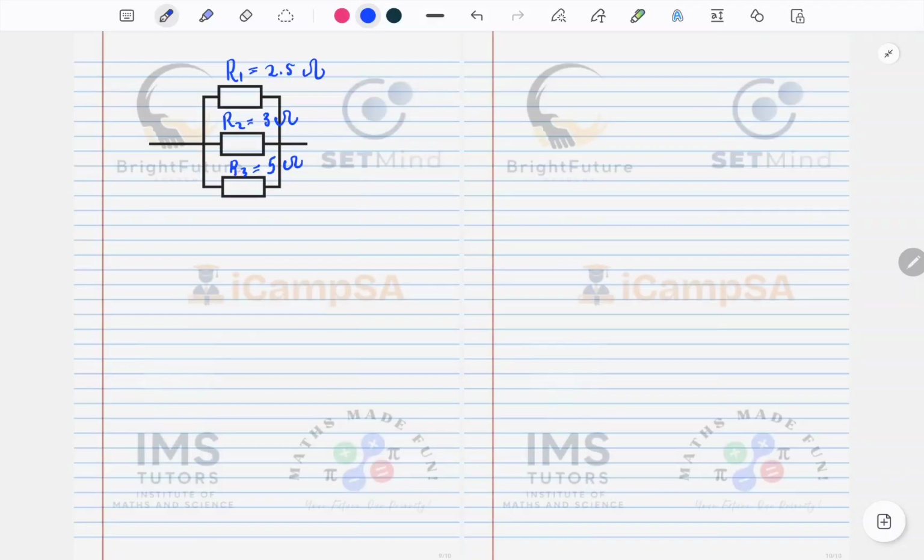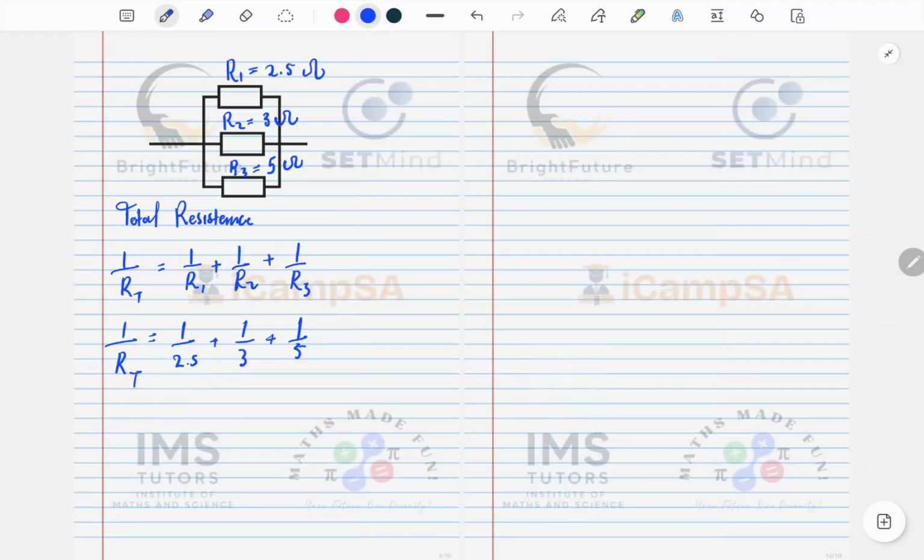So to calculate the total resistance in this case, we can say 1 over RT equals 1 over R1 plus 1 over R2 plus 1 over R3. So that means 1 over RT is equal to 1 over 2.5 plus 1 over 3 plus 1 over 5.